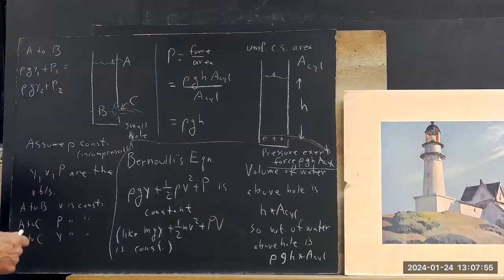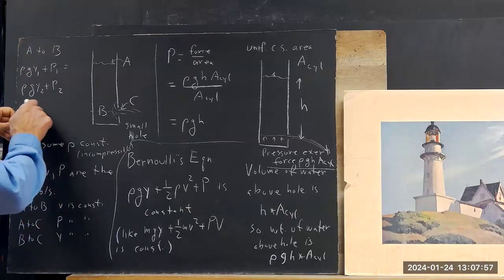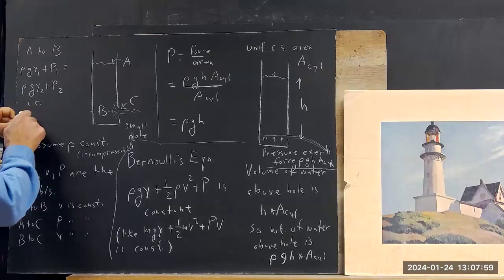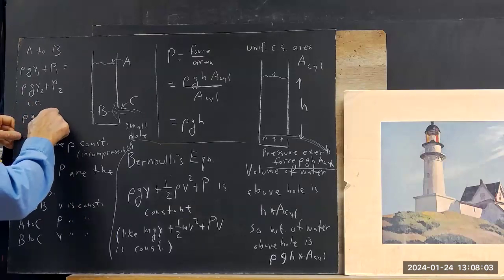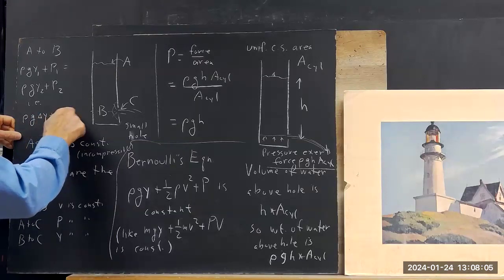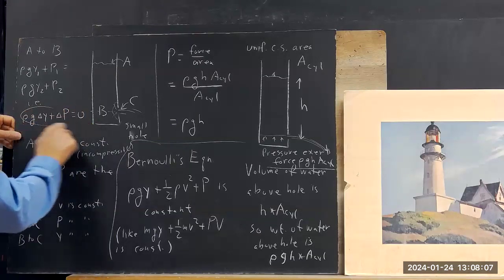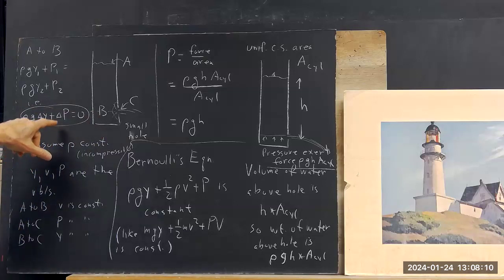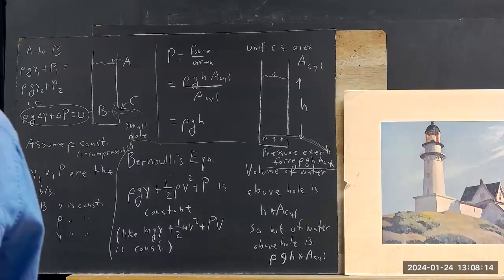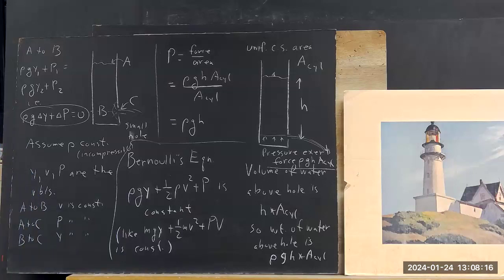Well, this can then be written rho g delta y plus delta P equals 0. Just subtract rho g y1 from rho g y2.